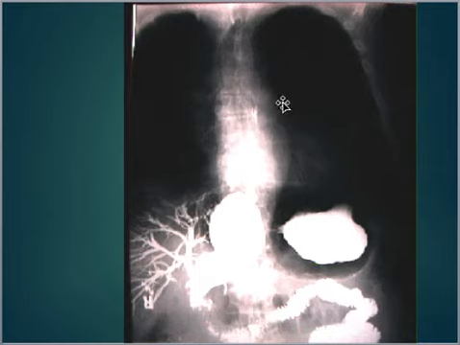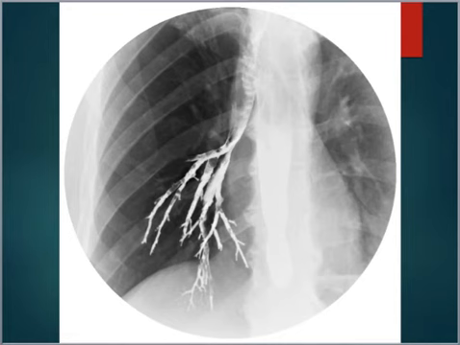This is a barium study that they were doing, and the patient actually aspirated the barium. So instead of it going down the esophagus, it went down the trachea into the airway. These are all the bronchioles of the airway, like the roots of a tree kind of. With this patient and the next one here, this is also an aspiration, so you can see how the barium is coating the airway.